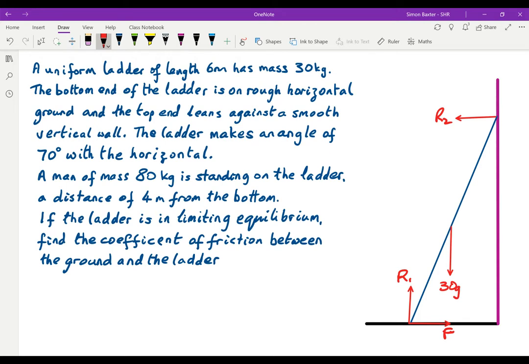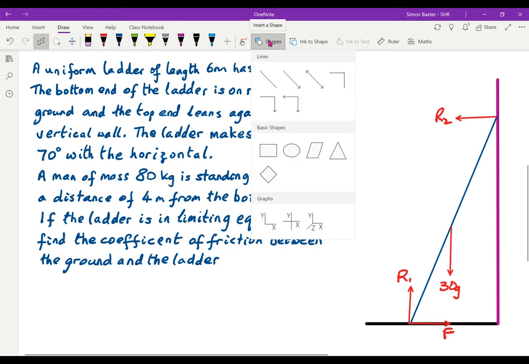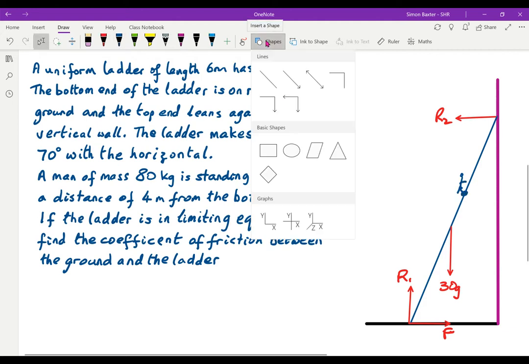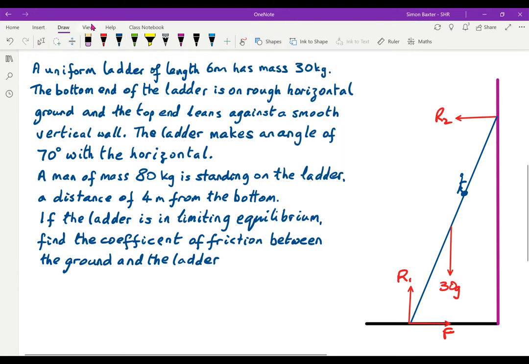We have a man of mass 80 kilograms on the ladder. So we need to put a man on the ladder, and he's 4 meters up from the bottom. So we have a man on the ladder. Weight, 80 kilograms.